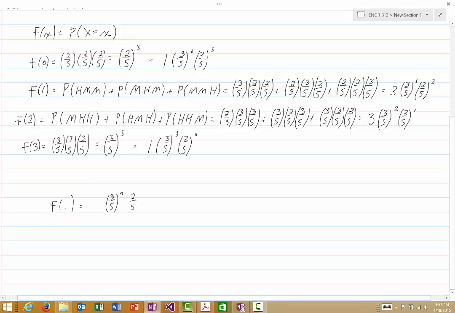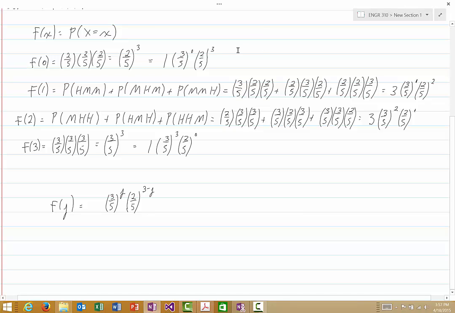Let's change this to j. And so we'll have 3/5 to the j times 2/5 to the 3 minus j. And notice that that would give us the correct power for the 3/5 and 2/5 terms for each one of these. But now, what about this coefficient out front?